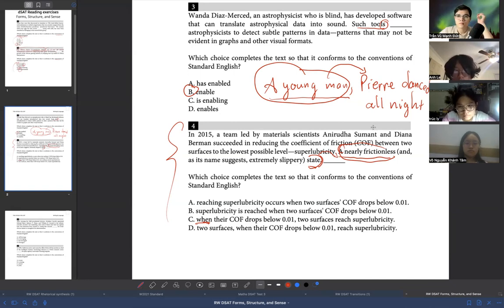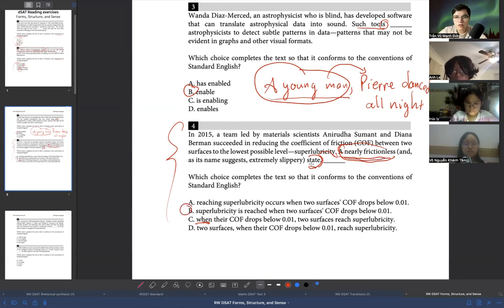This is a modifier. So the word right after the comma or right before the comma will be a nearly frictionless state. And what is it? What's that? Exactly. And what is the word I'm talking about?